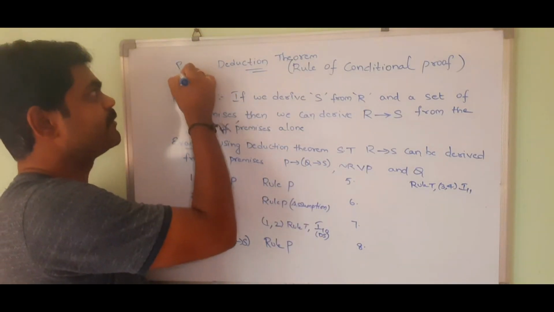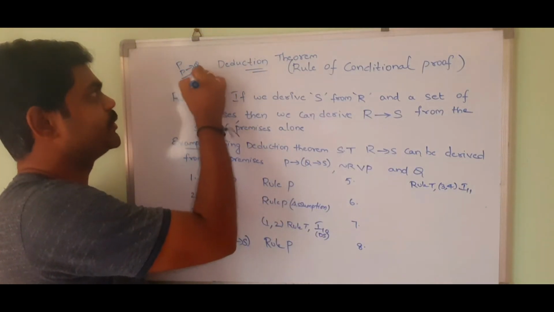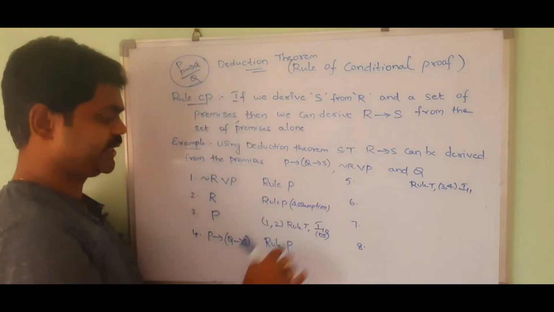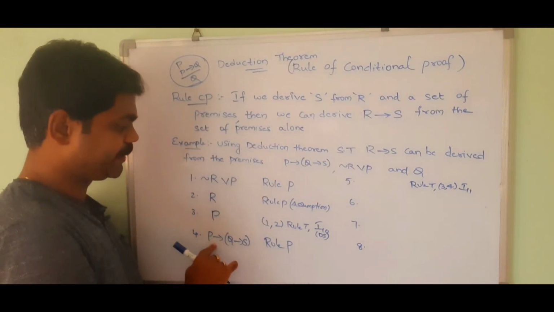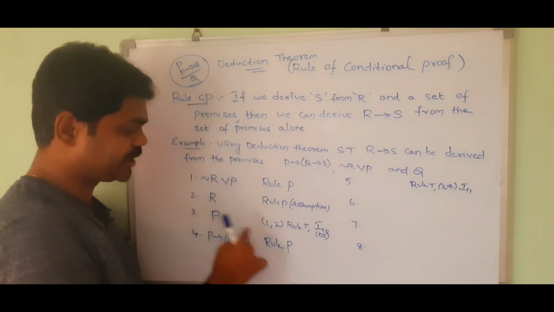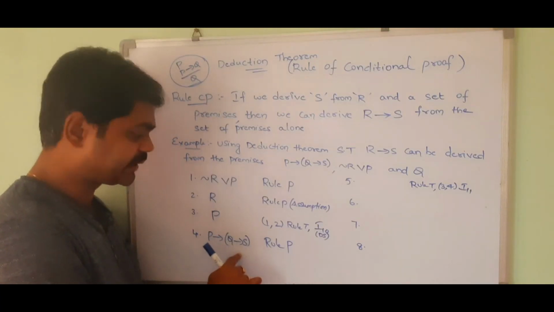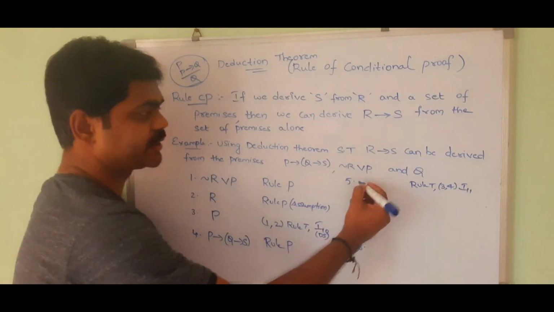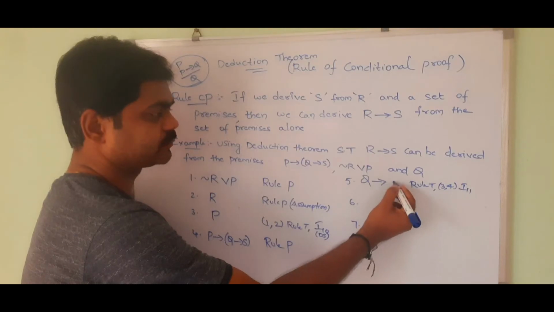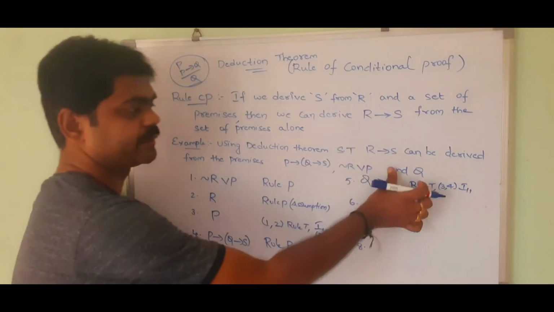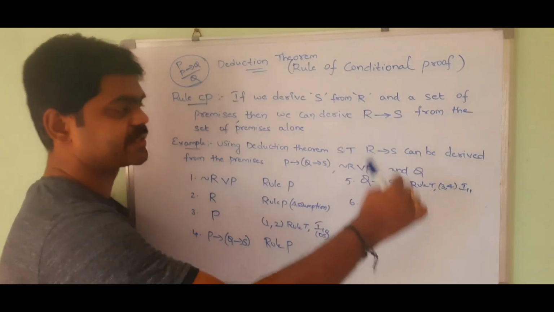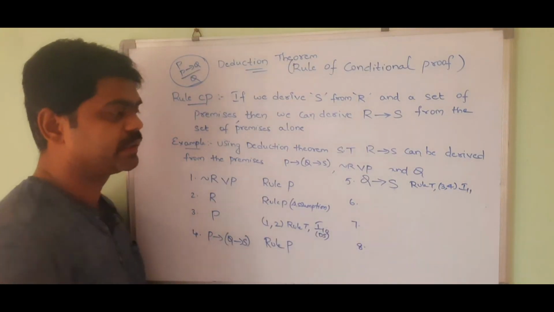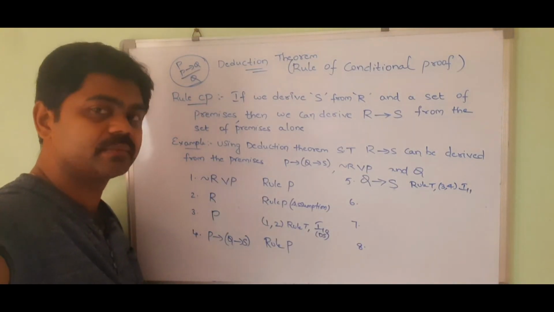If we have P and P → Q, we get Q. Here we have P, and here we have P → (Q → S), where Q → S is assumed as a whole. Then we get Q → S. So rule T, 3, 4 and I11.